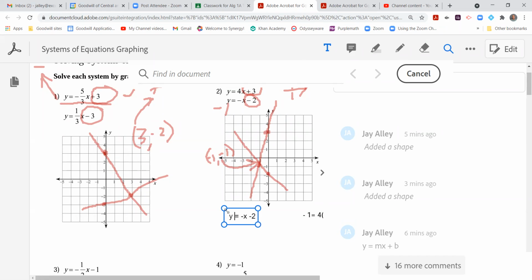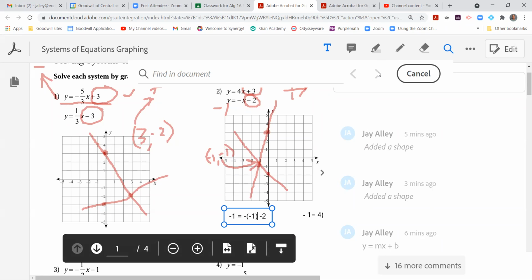Do the same substitution. Y is -1 from the point. Here, I'm going to put a parentheses around my substitution because now I have minus minus and the keep change situation. So that makes that -1 become positive. So a +1 minus 2 leaves me with -1. Confirms my solution works for both.